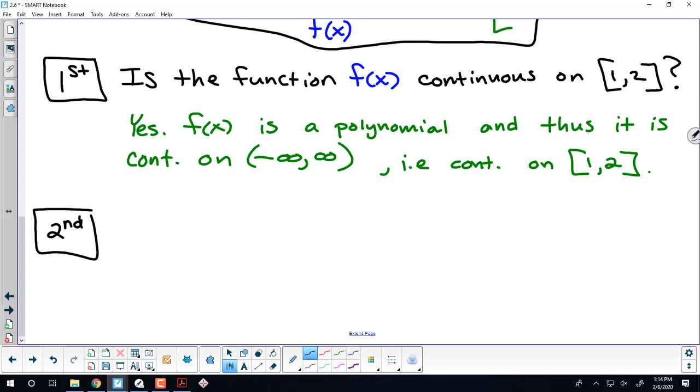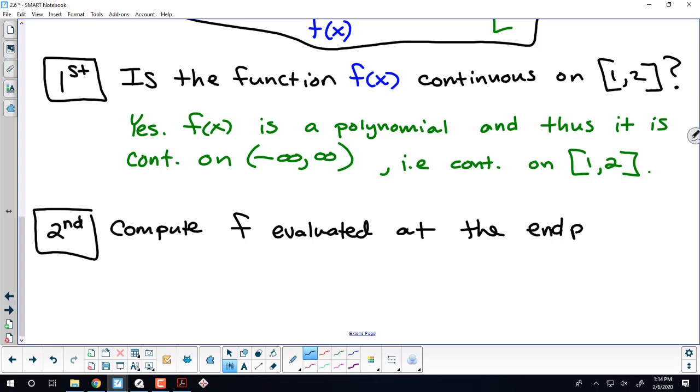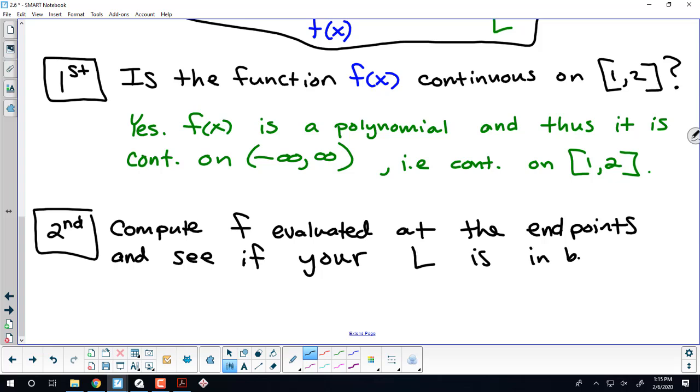The second thing is just to compute f evaluated at the endpoints and see if your L is in between those two values.